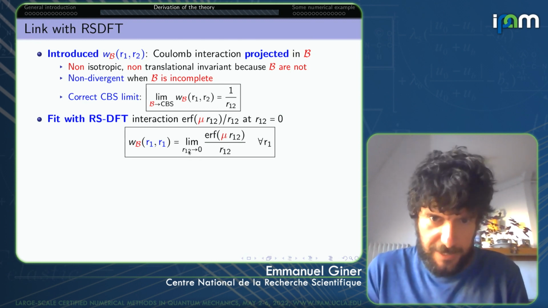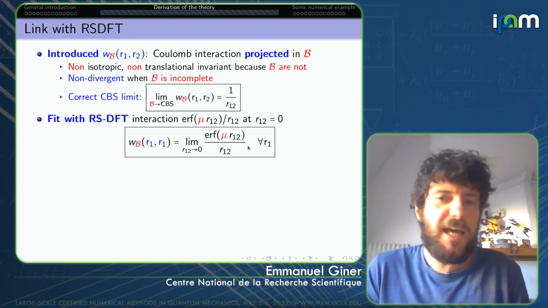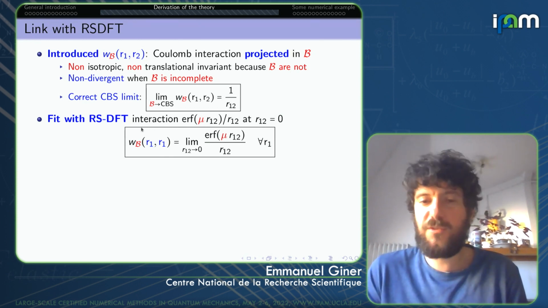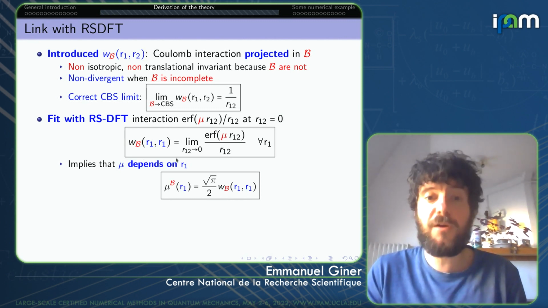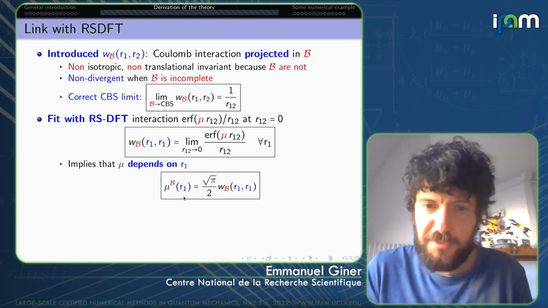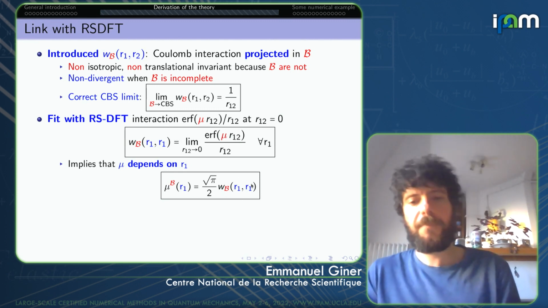But the problem is that here you don't have an R1 dependence, and here you have an R1 dependence. So the only way to do it is to make this range separation parameter mu depend on R1. And if you invert that equation, you obtain that the range separation parameter is essentially proportional to the weird interaction in the basis set at coalescence in R1, okay?